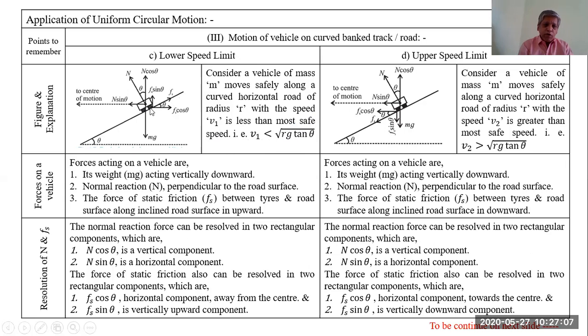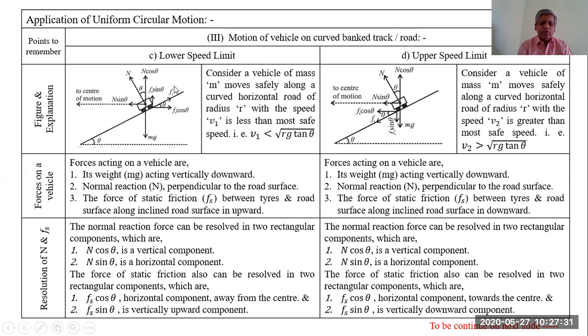So the motion of the tires on the road surface is towards the inner side, and due to that, the force of friction will be exerted along the road surface, but along the upward side. This is the force of friction.